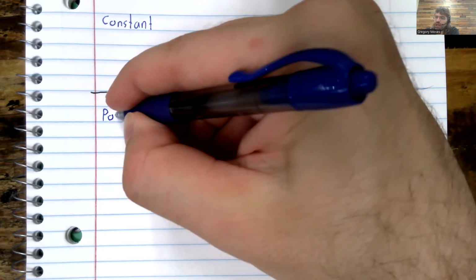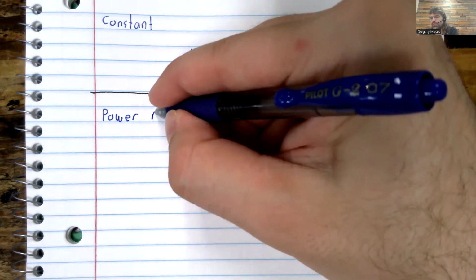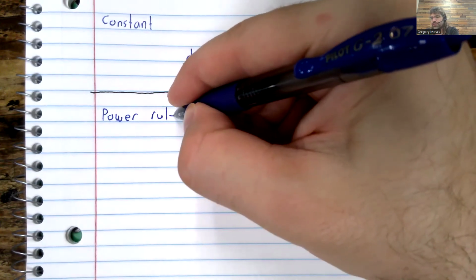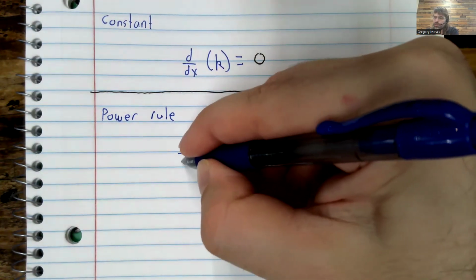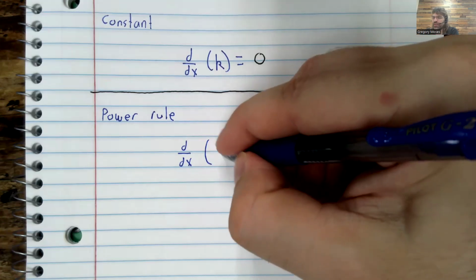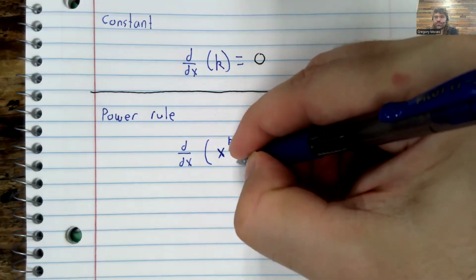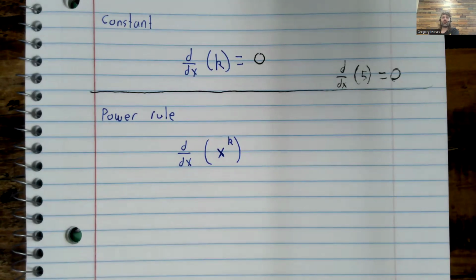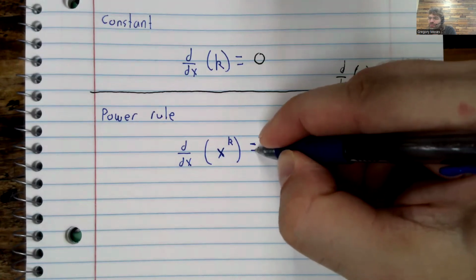And then a less intuitive rule, the power rule, which tells you how to take the derivative of x raised to a power. And you're not going to guess this one, unlike the constant rule, which is very intuitive.